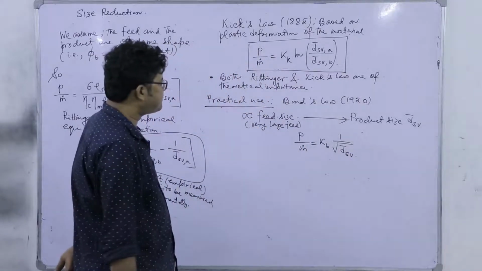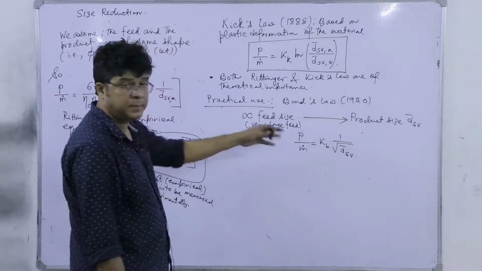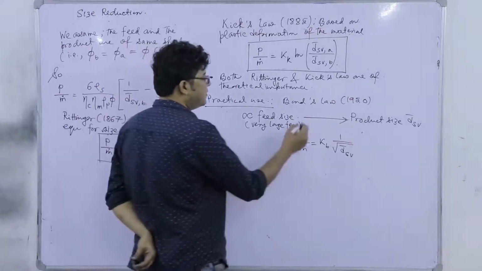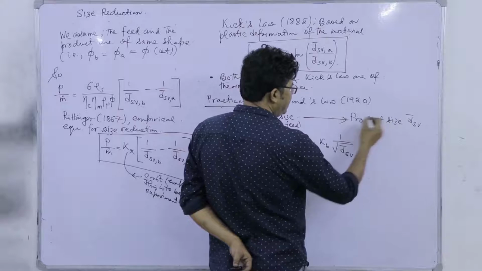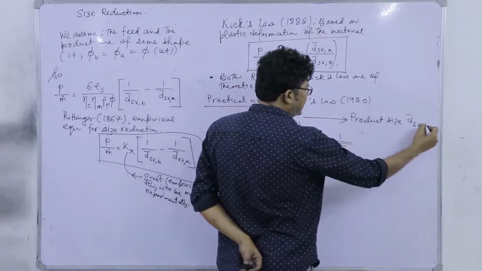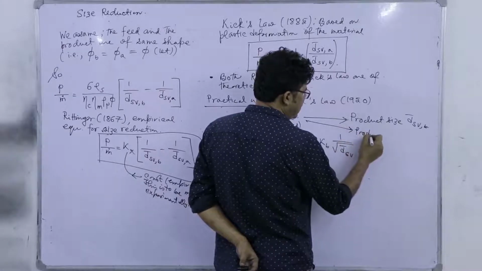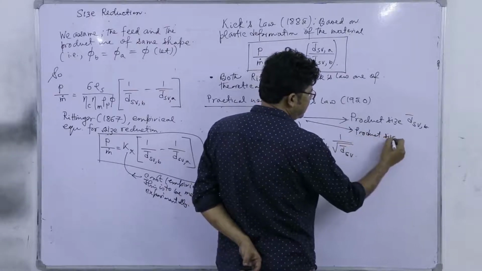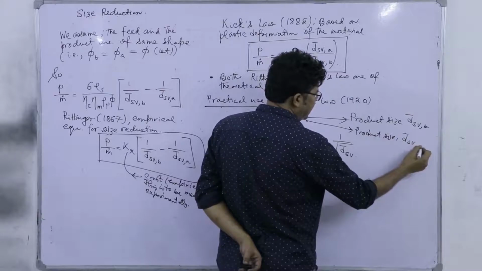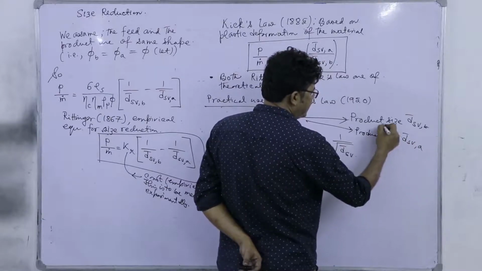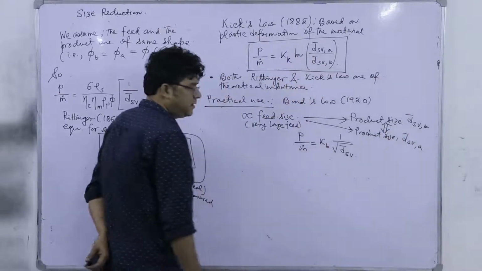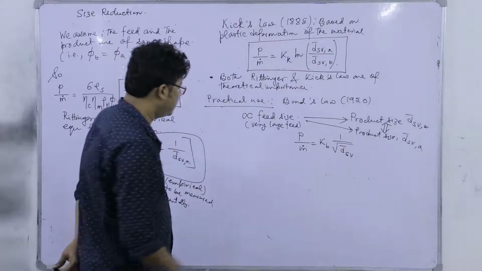Now you see how we can apply it for size reduction devices. So if we write product size d bar SV B, and product size d bar SV A, then the gap is basically the power estimate for the actual device.